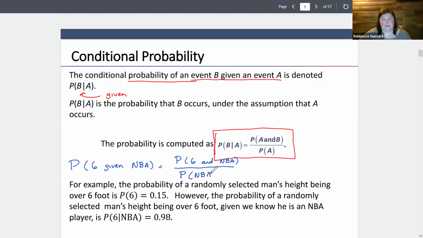So we want to look at what's the probability that you are in the NBA first. And then once we know you're in the NBA, what's the probability that you're 6 foot tall? I actually don't know the probability of being 6 foot tall and in the NBA. These are like two different probabilities. This is just the one that I could find.